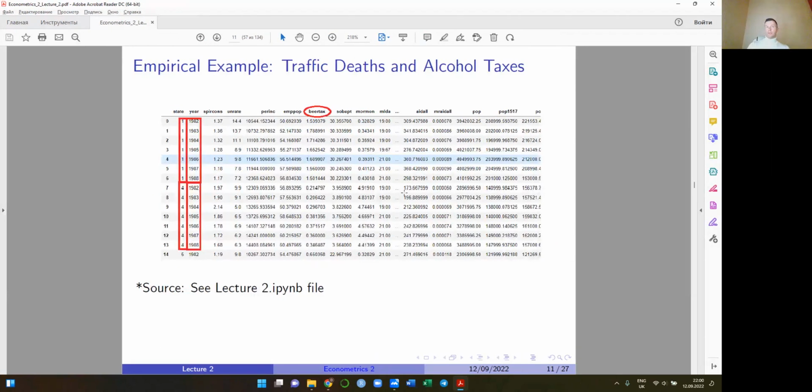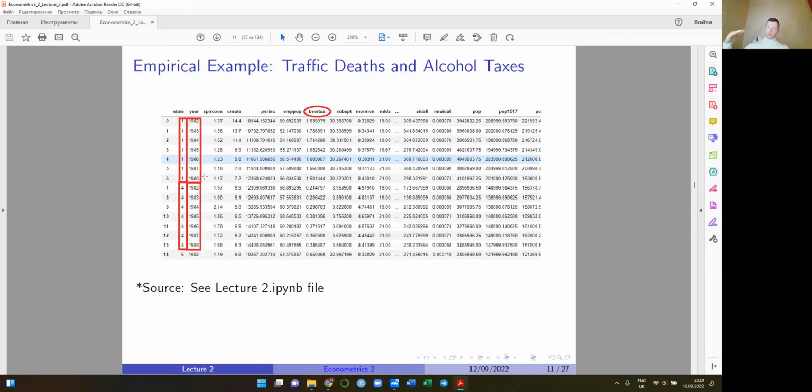So here we can see an example of the panel data and how it is structured in the table format. We usually start with entities, and here the entity is a state, and the next column goes year. And you see that we have 1, 2, 3 up to 7 observations for the same state, for the same entity, but for different years.